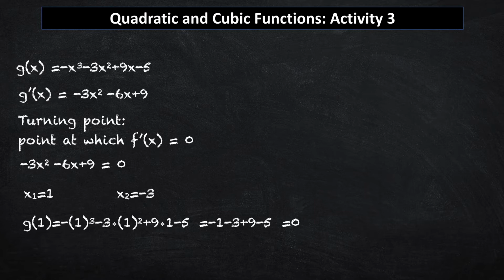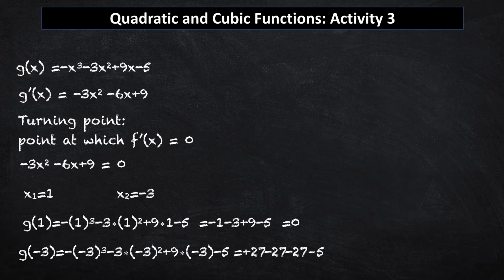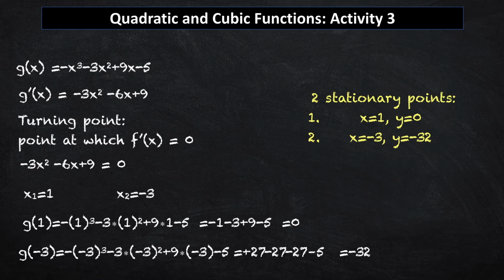The second turning point is for the value g of x equal minus 3. So if we do the math, it becomes equal to plus 27 minus 27 minus 27 minus 5, which is equal to minus 32. So we have two stationary points, one for x equal 1 and y equal to 0, and the second one for x equal minus 3 and y equal to minus 32.